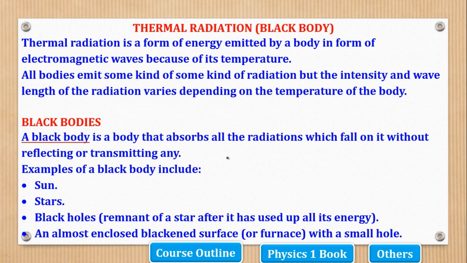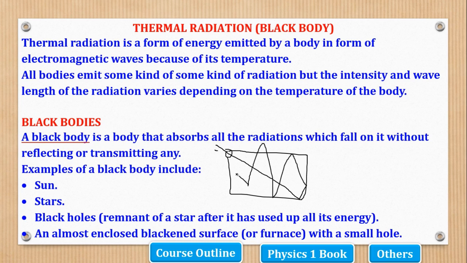Remember, a black body absorbs all radiations but does not reflect or transmit any. If this is a small hole, radiation will enter here, but it will keep moving within the inside without moving out. So this small hole becomes a black body because no radiation is being reflected out of it.